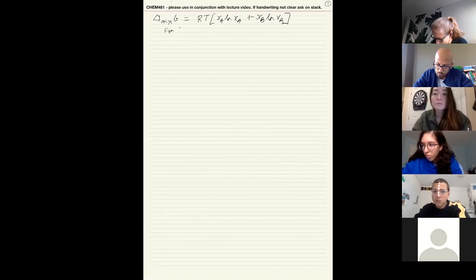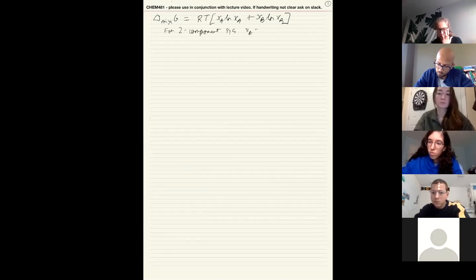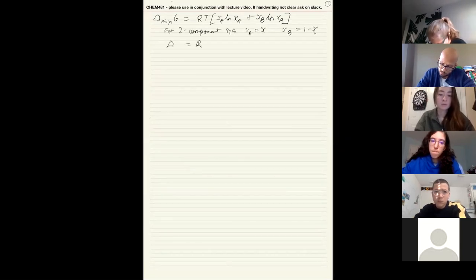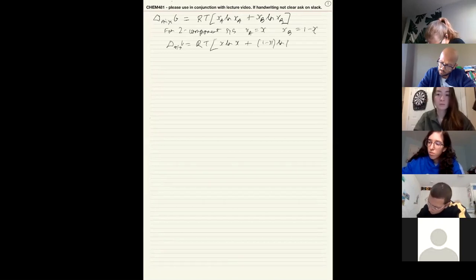For a 2-component system, we normally write XA is equal to X and XB is equal to 1 minus X. So we get delta mix G is equal to RT (X ln X plus (1 minus X) ln (1 minus X)).